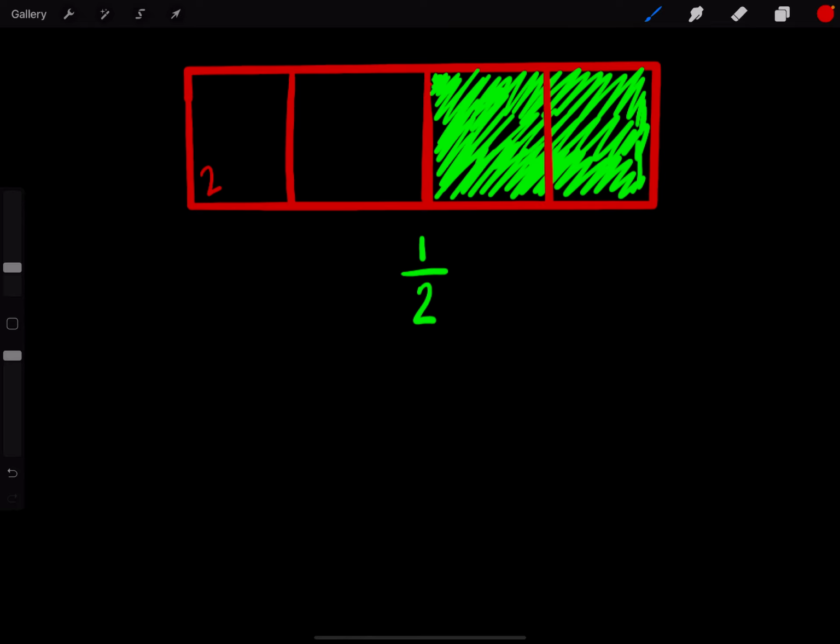How many parts are now shaded? It's not 1, it's 2 parts. The whole is now changed to 4 parts, but it represents the exact same amount of shading. So 1/2 is equivalent, or equal, to 2/4.